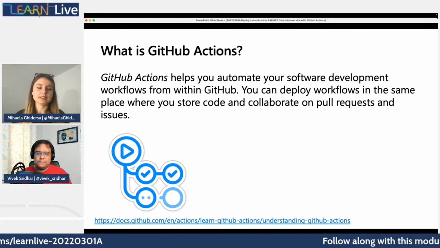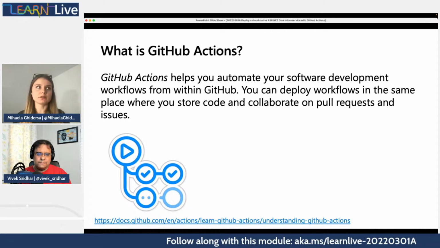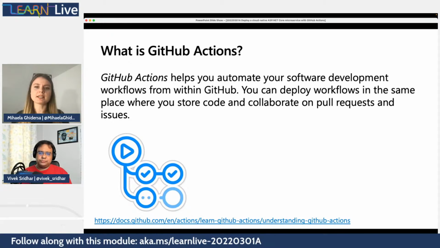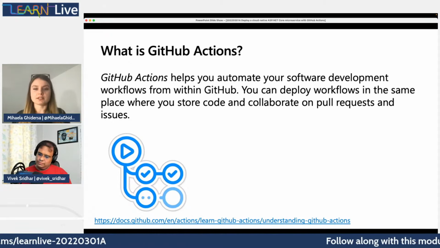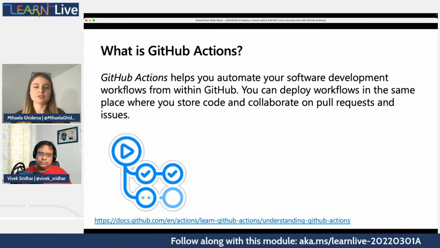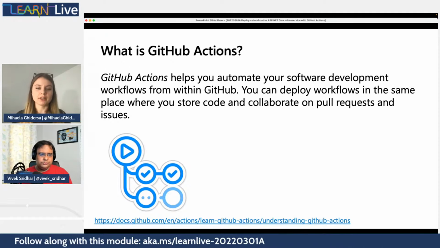Well, GitHub provides Linux, Windows, and Mac virtual machines for doing this. But you also have the freedom to use your self-hosted runners in your own data center, or some cloud infrastructure if you have. So things are very, very open in there.